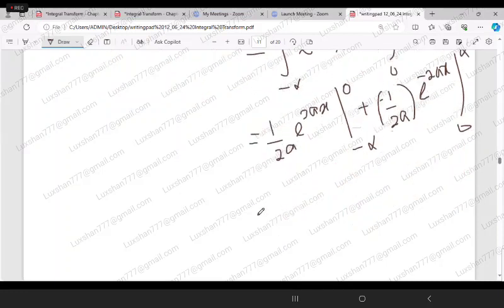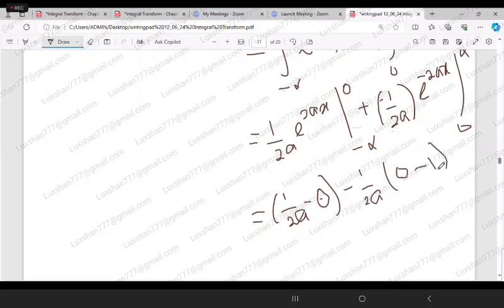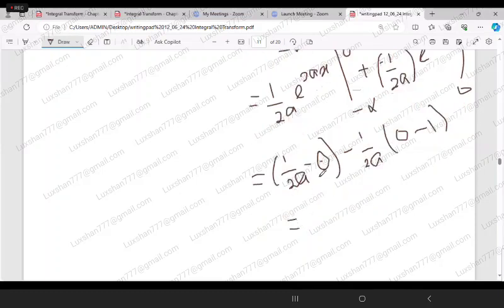Okay, so if you put 0, then that becomes 1 over 2a. And if you put infinity, that becomes 0. Here minus is there, minus 1 over 2a. And if you put infinity, that becomes 0. Here it is minus 1. So finally we are getting minus minus, so 1 over 2a plus 1 over 2a, which is equal to 1 over a.